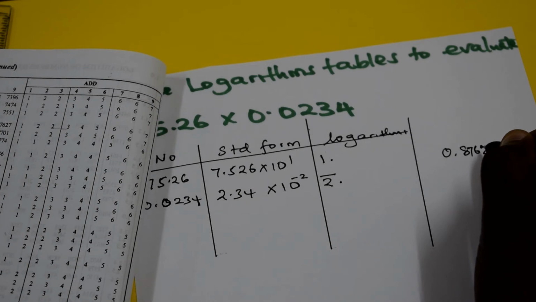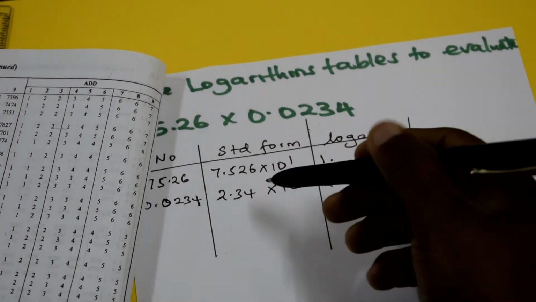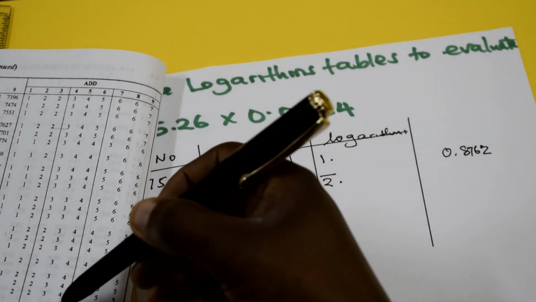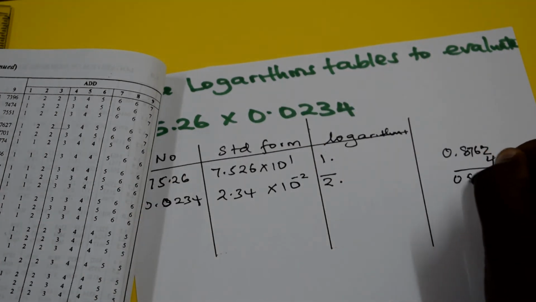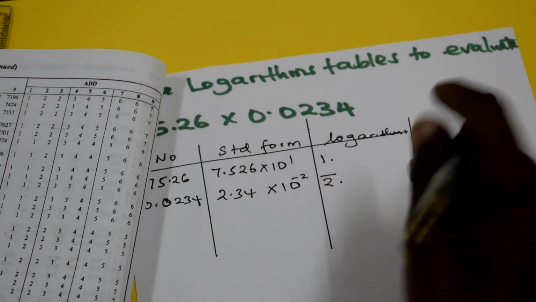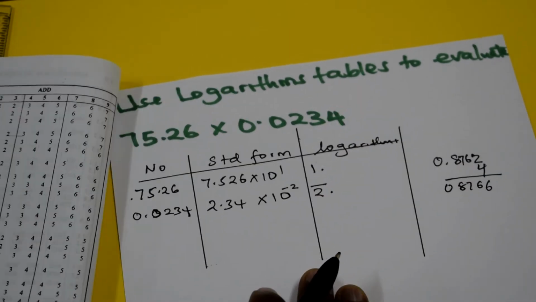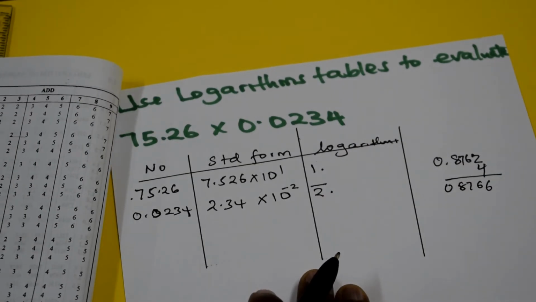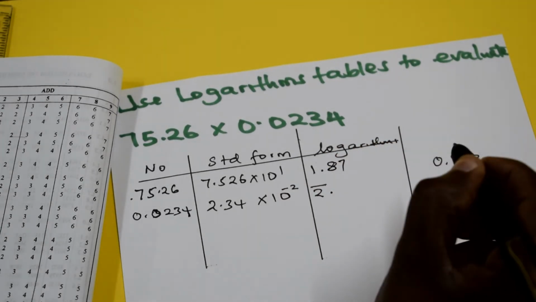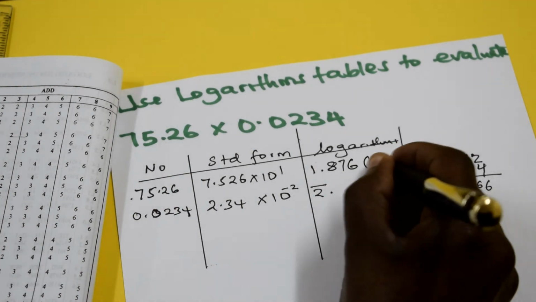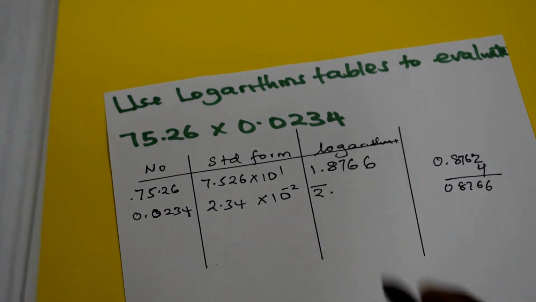Then we add 2: at column 6 we have 4, so we are going to have 0.8766. So the logarithm of 7.526 is going to be 1.8766.